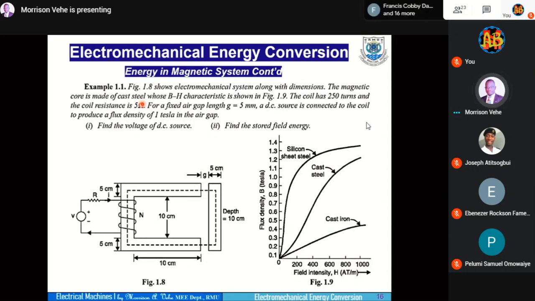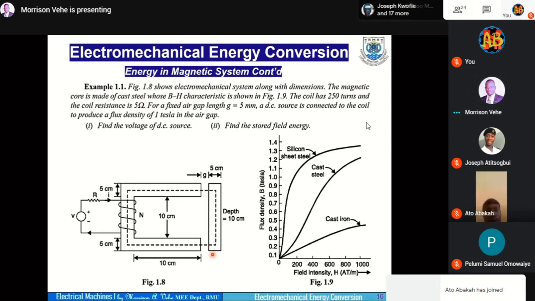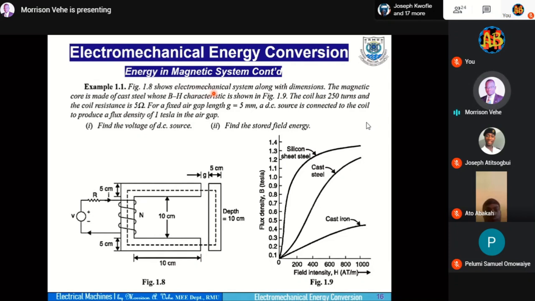Yeah, so basically we have the figure here, which shows the electromechanical system with the required dimensions.